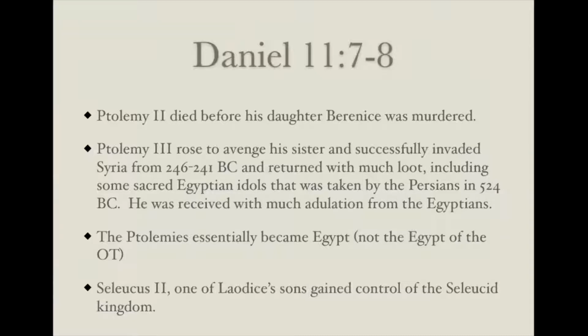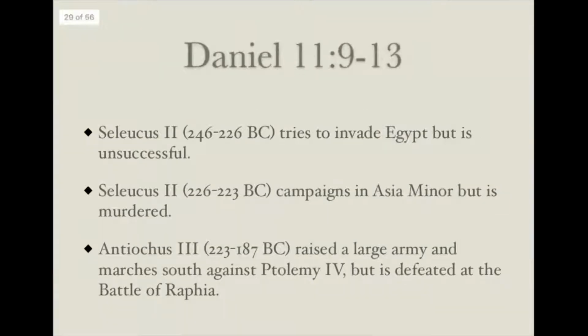So the Egyptians that we see are not the Egyptians of the Old Testament per se, but it ended up being this mix, right? Seleucus II, one of Laodice's sons, gained control of the Seleucid kingdom after Ptolemy III left.